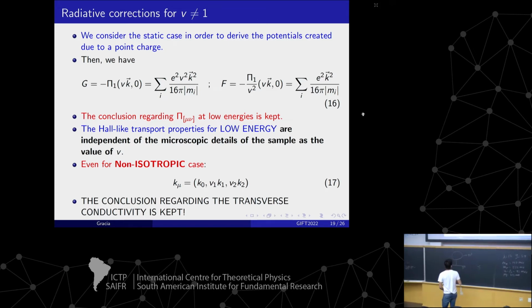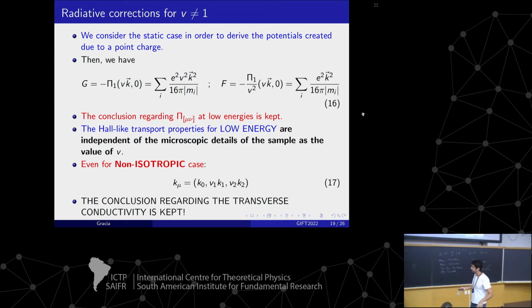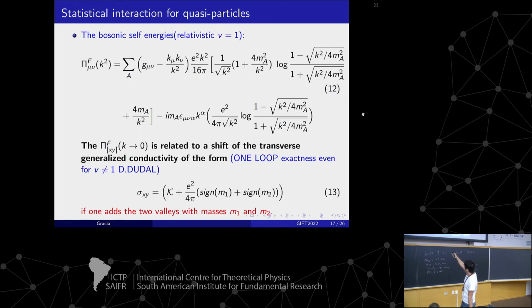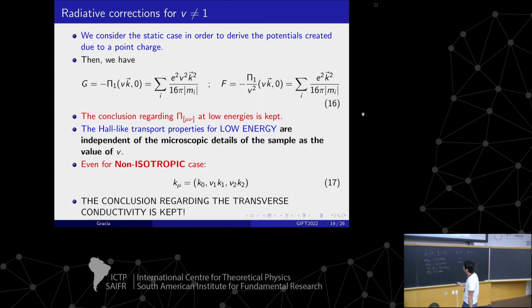It's interesting. Well-known result, but interesting. They are kept, and even for the non-isotropic case, with a more violent breaking of the symmetry, even breaking the isotropic one, we have the same conclusion regarding transverse conductivity. It's very simple to find that.